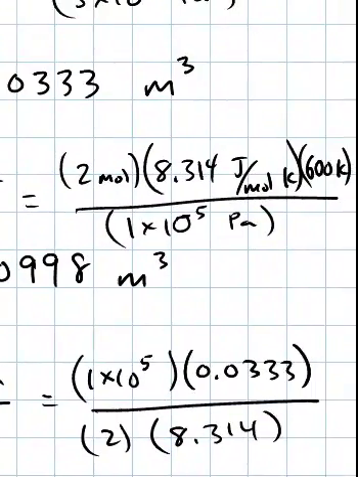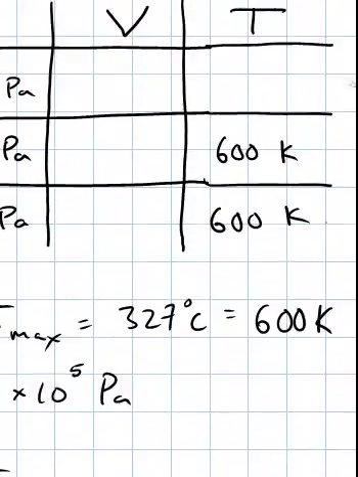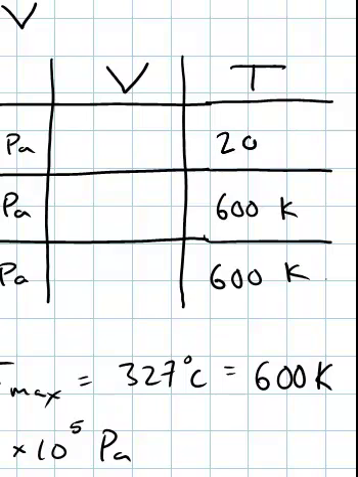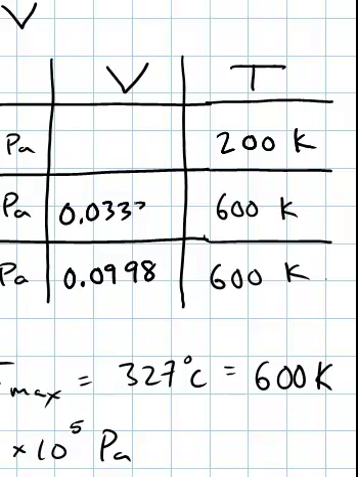So let me go back and put those numbers into our table. 200 Kelvin for that temperature at A. The volume at C, 0.0998. The volume at A and B, 0.0333, and those are cubic meters.